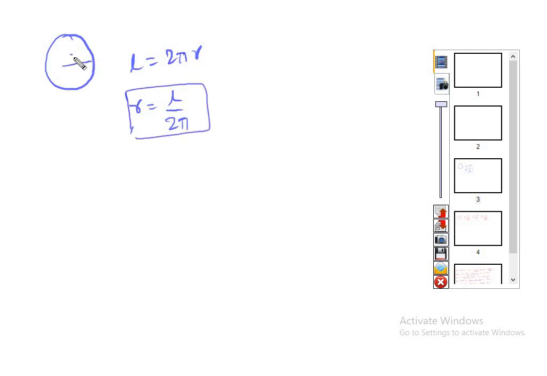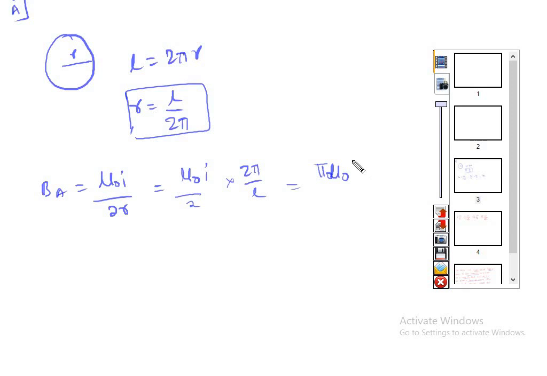And magnetic field about A, so this is case A. Magnetic field is equal to mu naught I by 2r, so it is mu naught I by 2 into r, which is L by 2 pi, so it becomes pi mu naught I by L. Let us take it as x1.